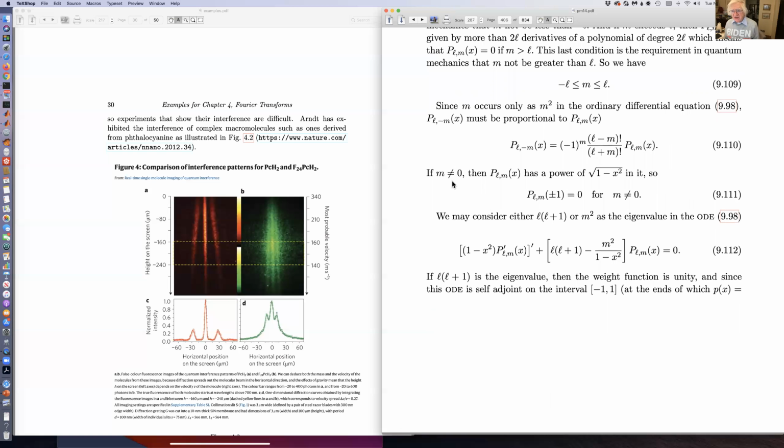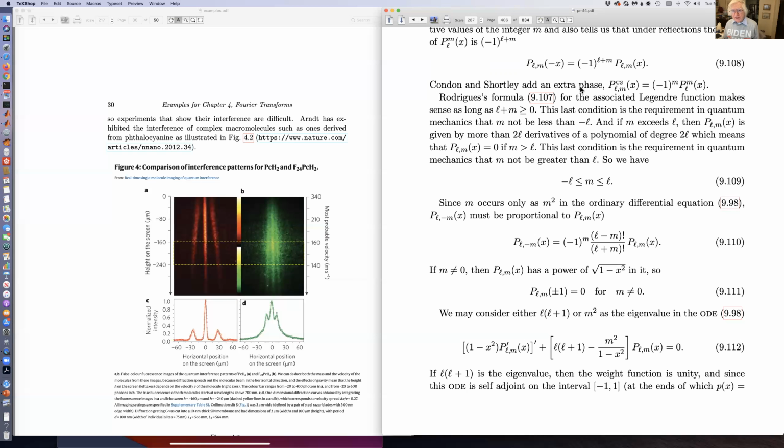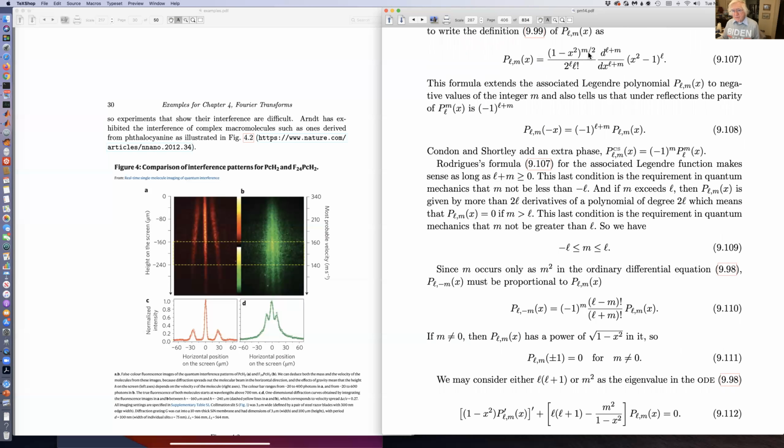And if m is non-negative, then you see that if m is not equal to 0, then P_L^m of x has a power of square root of 1 minus x squared in it. And so P_L^m of plus or minus 1 is equal to 0.